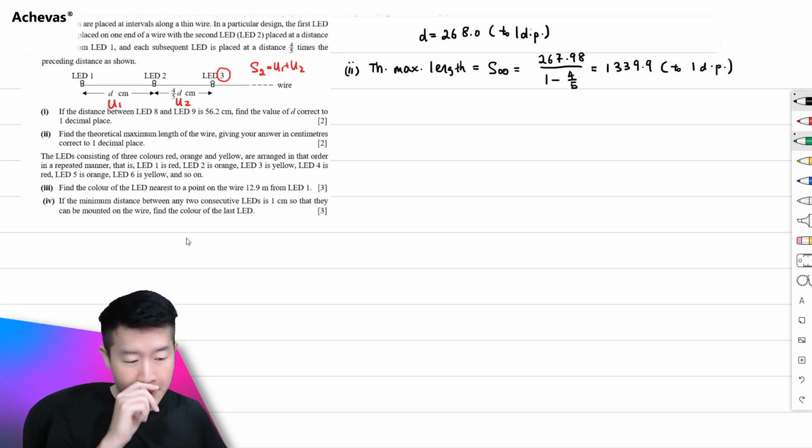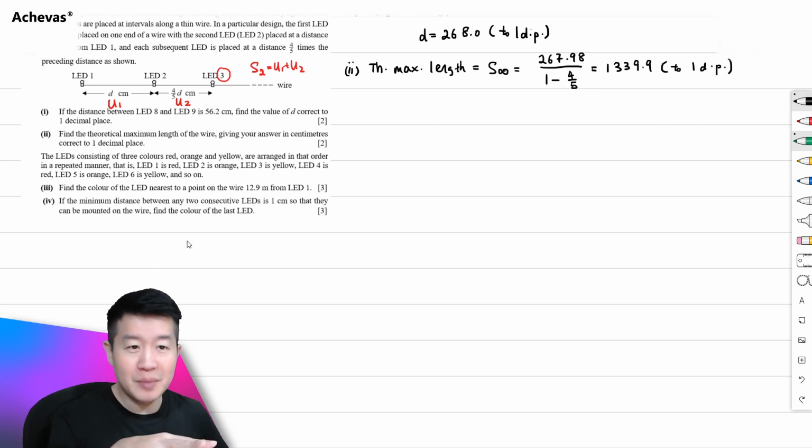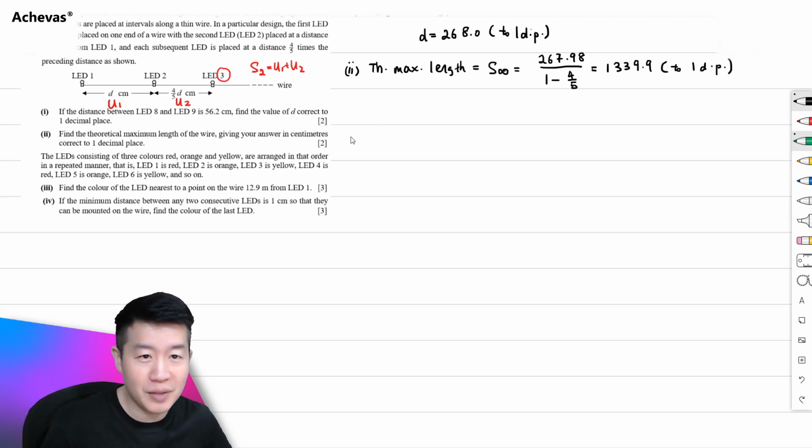And if you want the minimum distance between any 2 consecutive LEDs to be 1 cm, that means the last distance between the last pair of LEDs must be more than or equal to 1 cm, correct? Because the common ratio is 4/5, so the distances become shorter and shorter. So I just need to make use of the very last distance, let's say U N, and I'm going to let this U N be bigger or equal to 1.